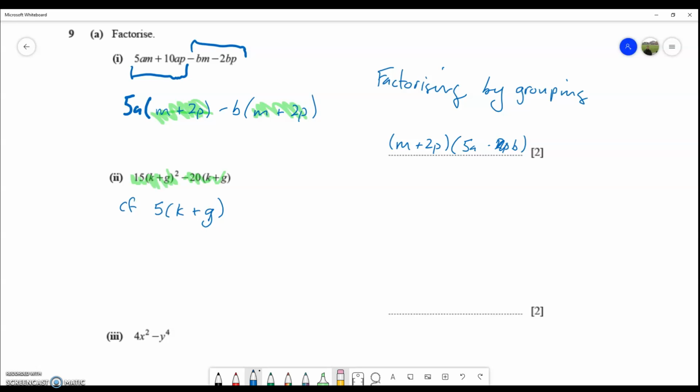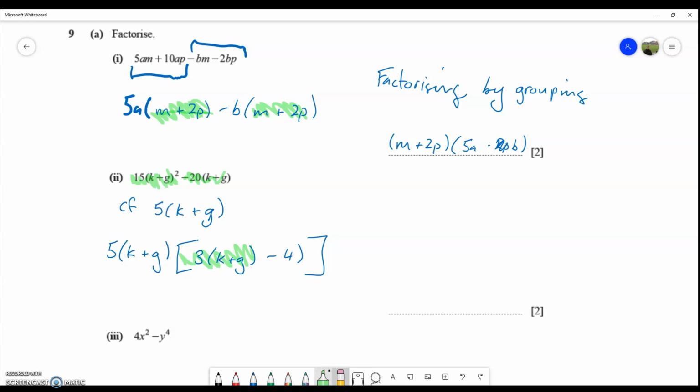So what that means is that if I take that out as the common factor, 5 bracket k plus g, we can put what the other terms are, which would be 3 times k plus g, and then the last one would be minus 4. Now we can't leave that with our square brackets, so what we can do is just expand just this part.